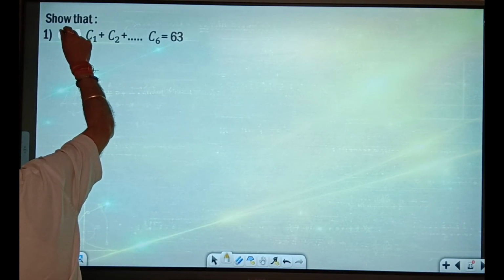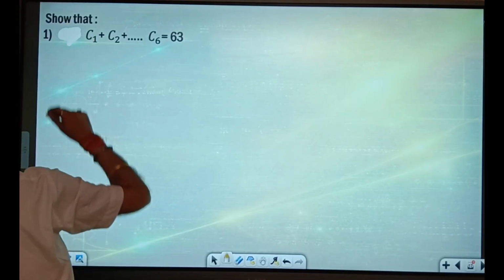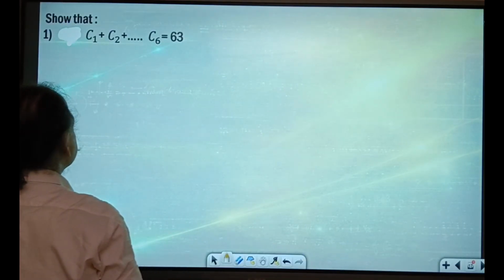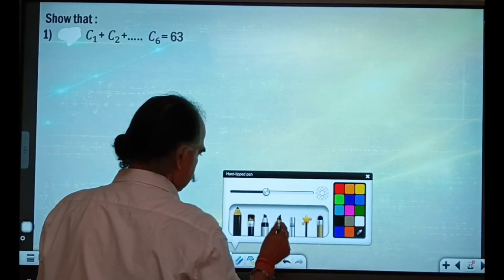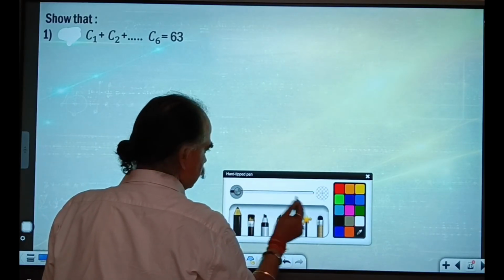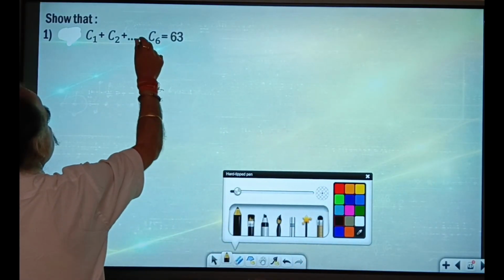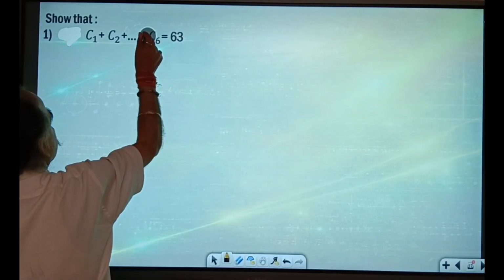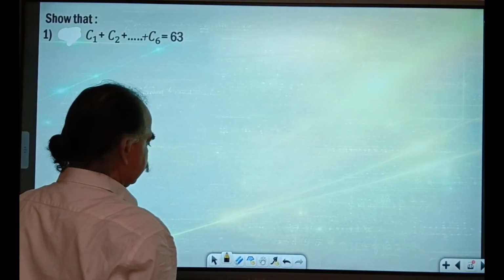This will not be there. It begins from C1. C1 plus C2 plus C3 plus up to C6 is equal to 16.